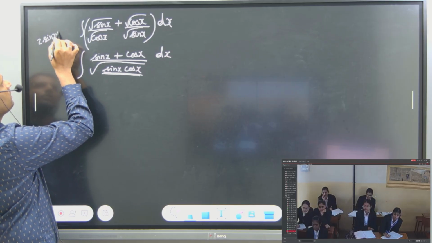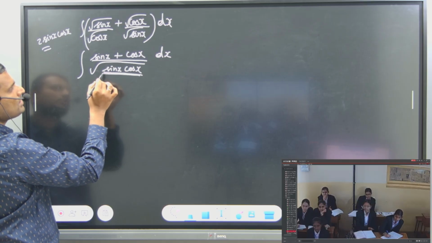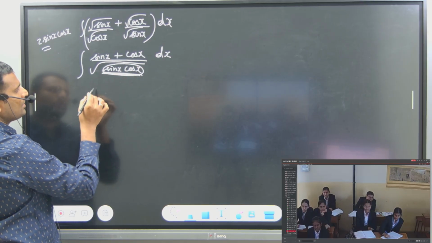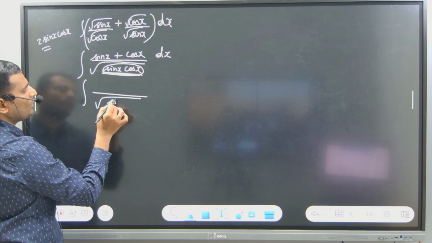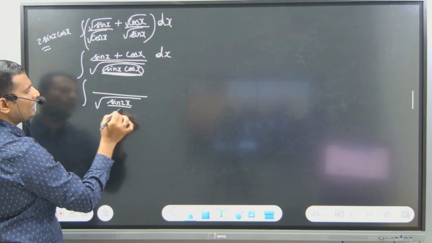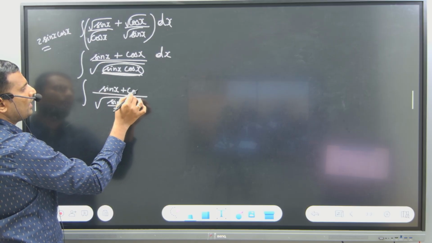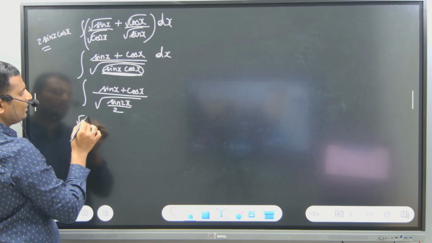What is 2 sin x cos x? sin 2x. So can I write this as sin 2x by 2? Yes or no? So I will write this as sin 2x divided by 2, and the denominator will go to the numerator.